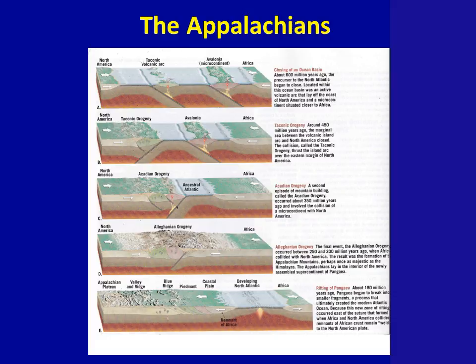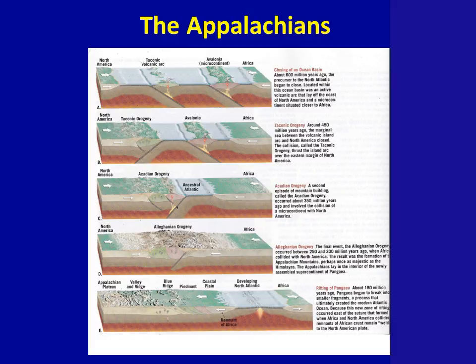The Atlantic continues to shrink, and then in the second phase you see the Acadian phase where Avalonia is added to North America and creates more mountains. You can see that both of the subduction zones associated with those small continental masses are now becoming inactive, but there's one subduction zone still there that's causing the Atlantic to shrink.